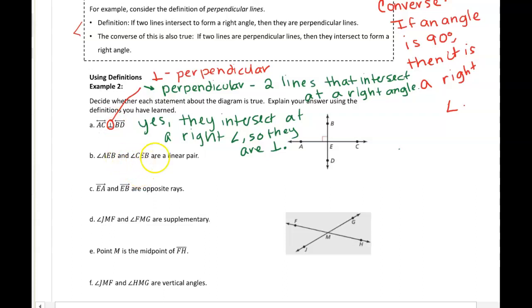All right, let's look at the diagram. AEB, this angle here, and CEB, this angle here, are a linear pair.